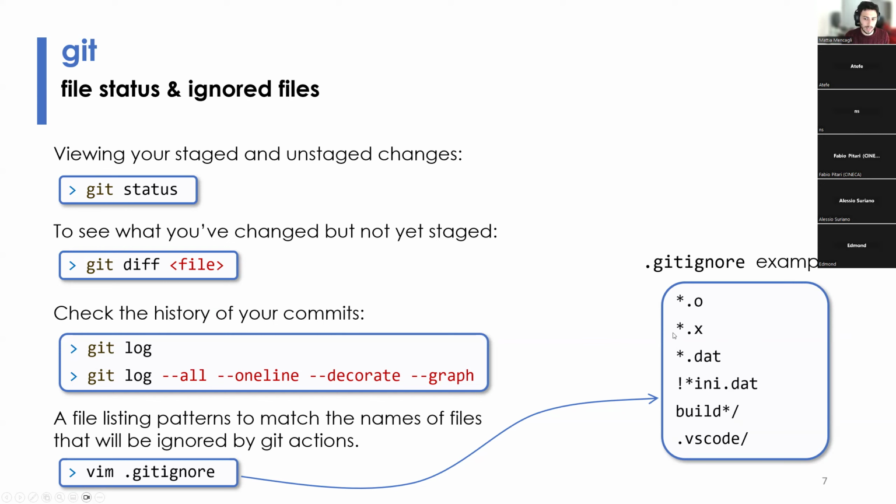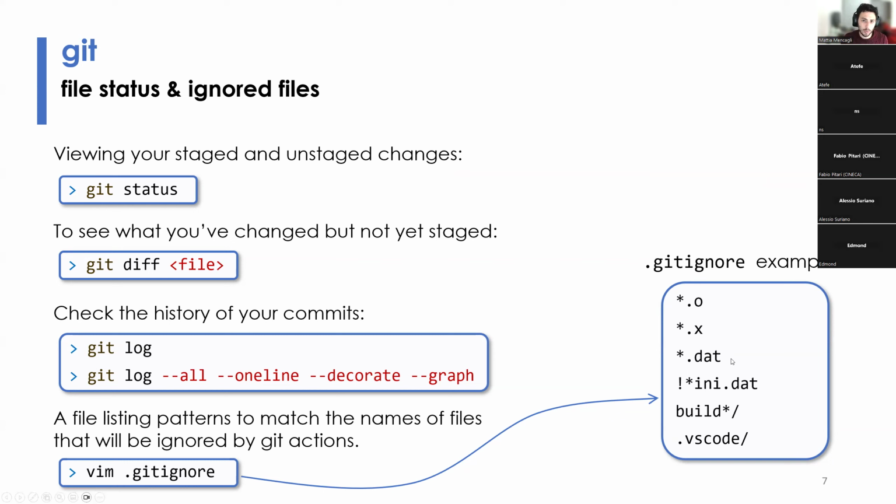You, of course, would like to avoid pushing object files into your repository, and also .x files that are the executables. Maybe if your code outputs, for example, .dat files, you would also like to avoid pushing those files in the repository with this string.